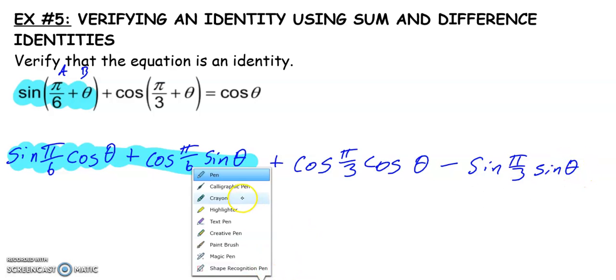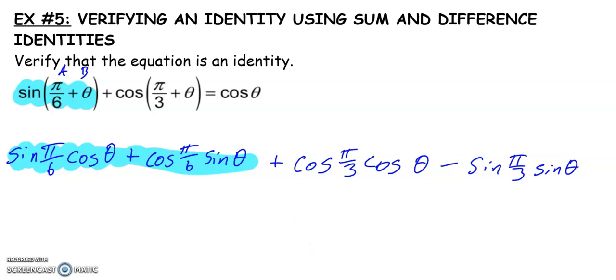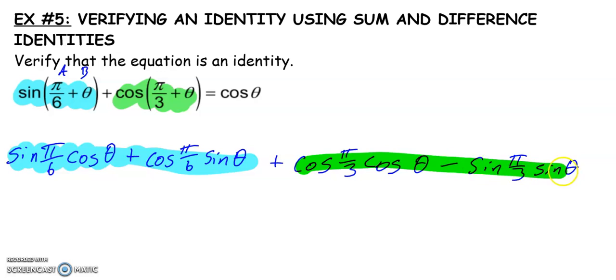So the second part, this is just nuts. That is that expanded out.